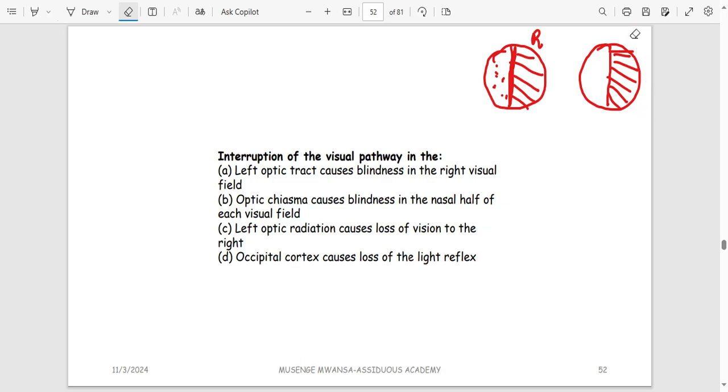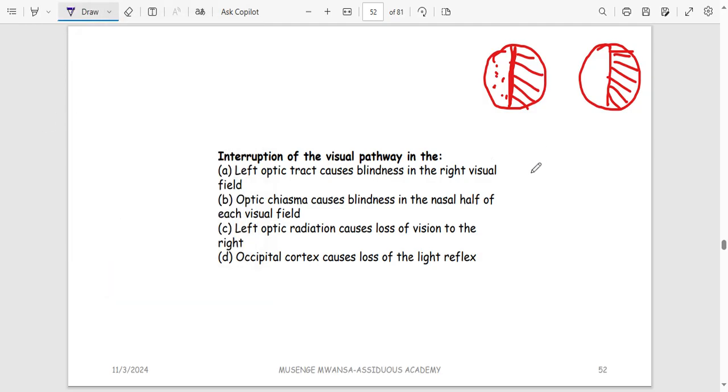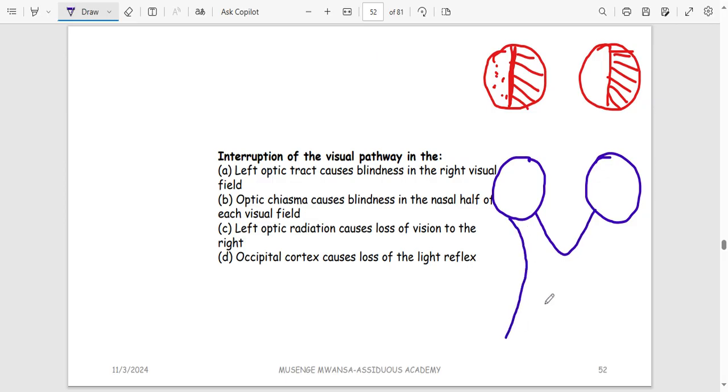Let's now try to analyze it. Perhaps it might be the answer because from what we are mentioning, it can be just the opposite. So let me still put the eye there for each eye.